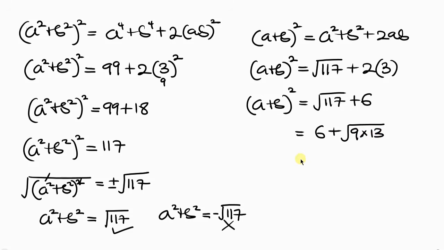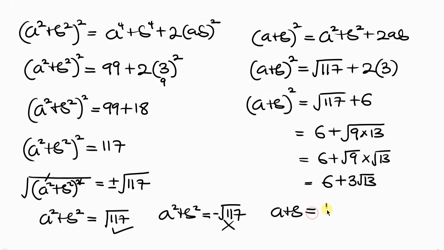So simplifying, this will be 6 plus the square root of 9 times the square root of 13, which will result to 6 plus the square root of 9 is 3 times the square root of 13, so 3 root 13.